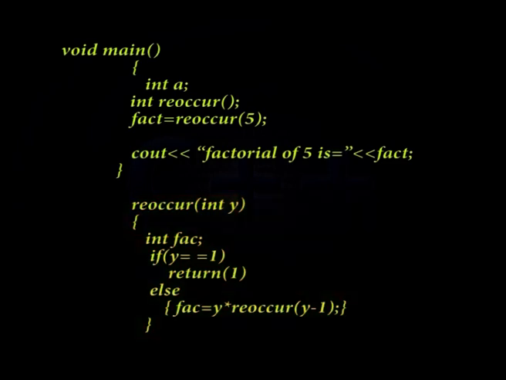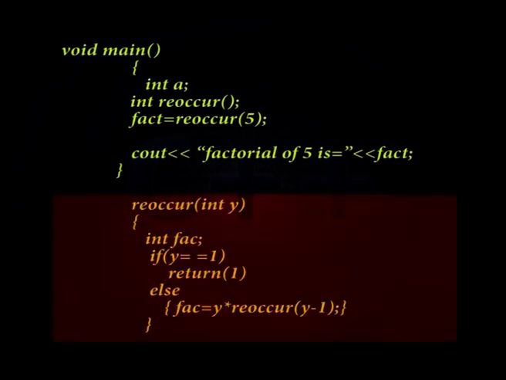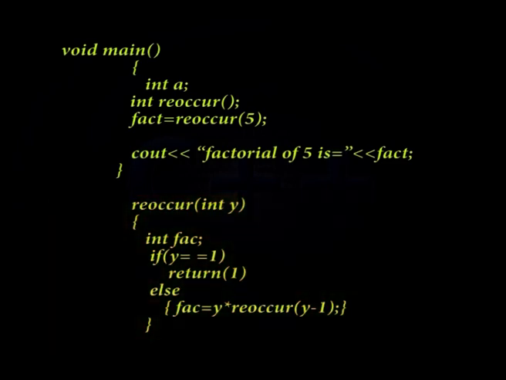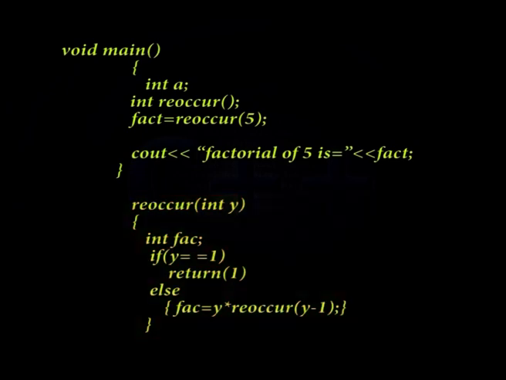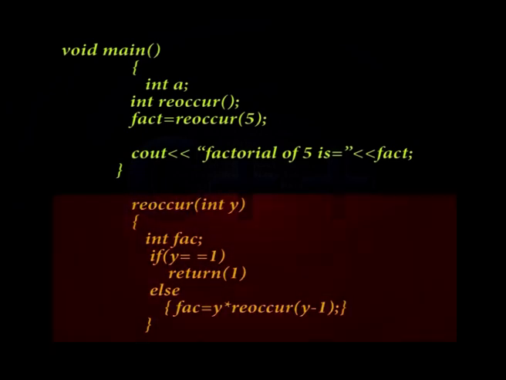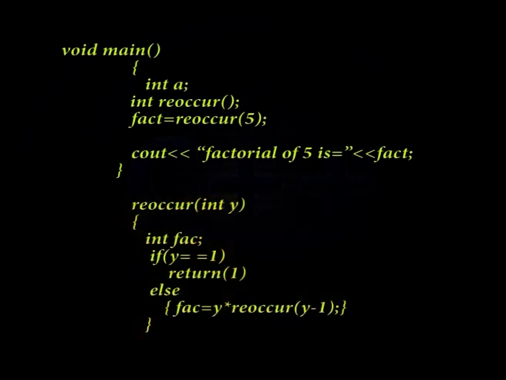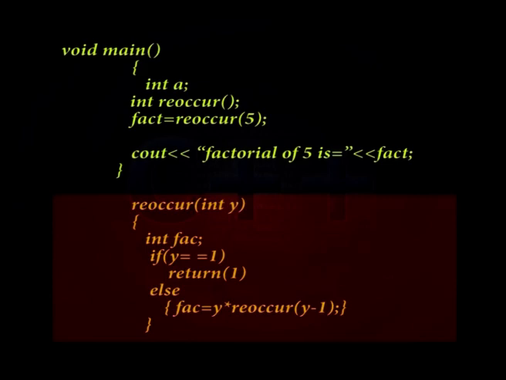This is the user defined recursive function. You can see here function reoccur is called again and again with argument y minus 1 till value of y becomes 1. So this is the stop point for this function. Let's explain how it works.